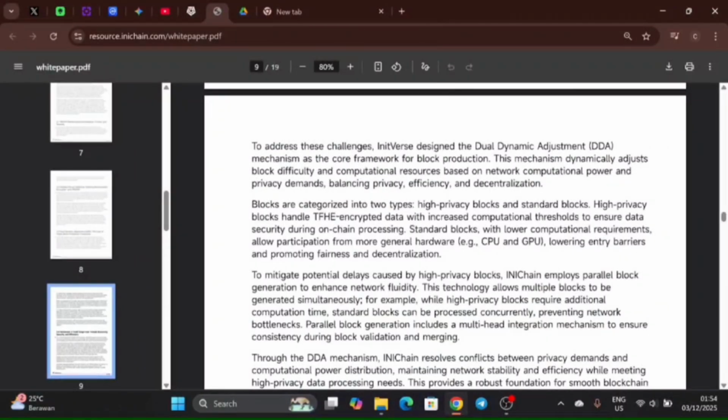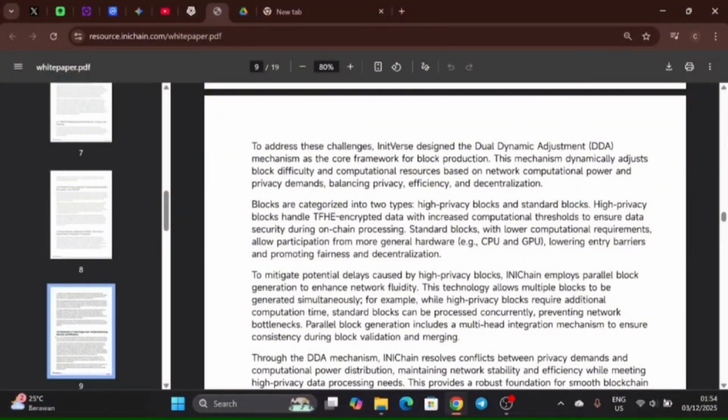The blockchain itself has its own intelligence to classify and process it. That's really cool. It's very important for RWA, I think. Computational requirements allow participants with more general hardware, lowering entry barriers and promoting fairness and decentralization.